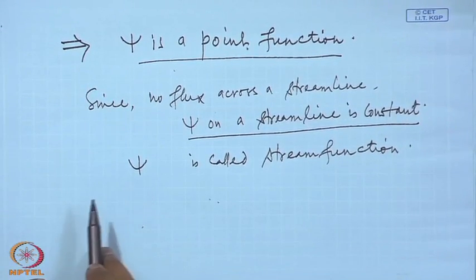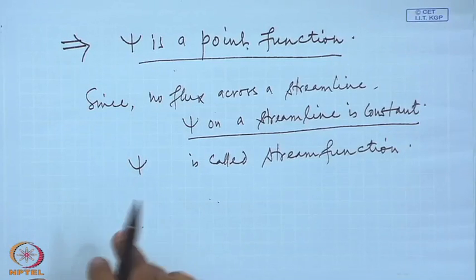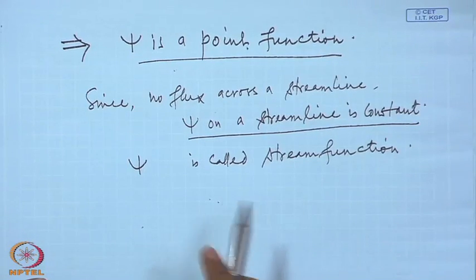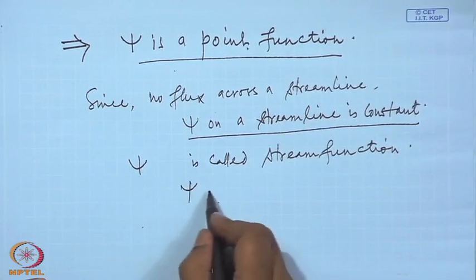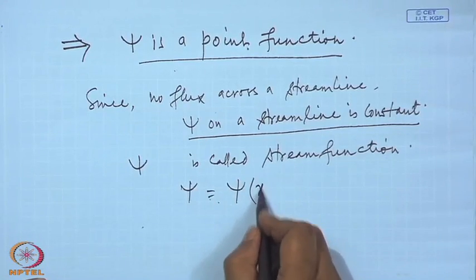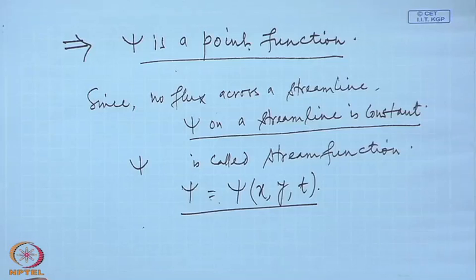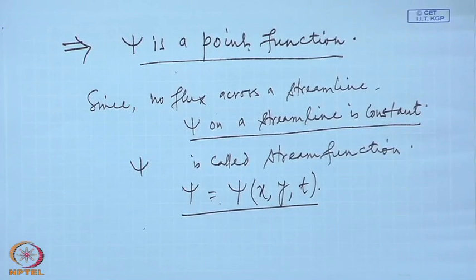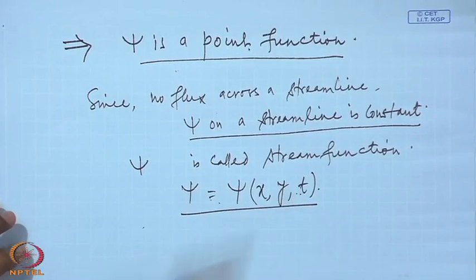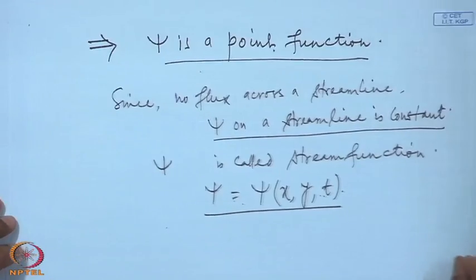In this case of incompressible flow, this is a function of position as well as time. So, psi is basically, for the incompressible flow case, psi of x, y, t, a function of position and time. Of course, if the flow is steady, then it is not dependent on t.